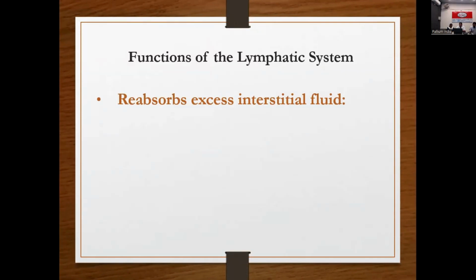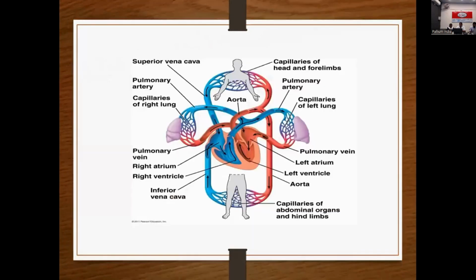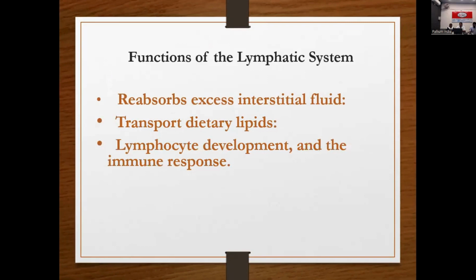Otherwise it can sometimes cause cardiac diseases, as a lot of interstitial fluid will accumulate in the pericardium, causing cardiac issues. Next is transport of dietary lipids, and lymphocyte development and the immune response.